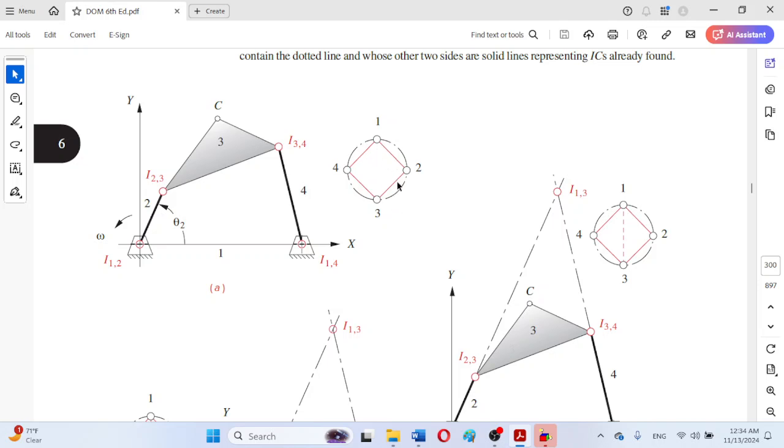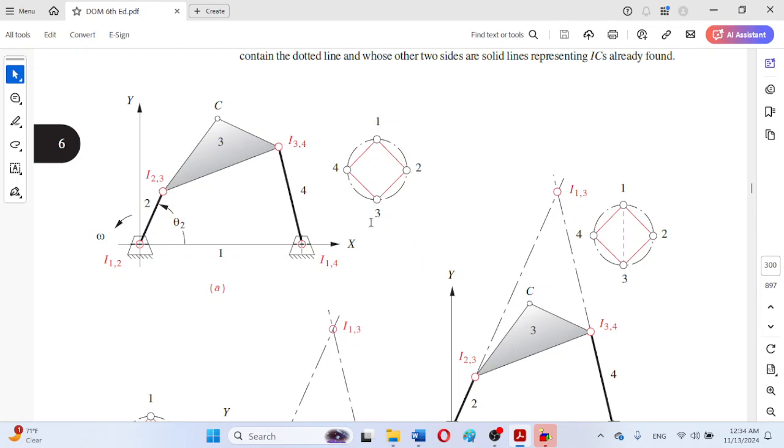So this is called the linear graph. These points are showing the links: this is link 1, this is link 2, this is link 3rd, and this is link 4th. These links will be connected with each other.